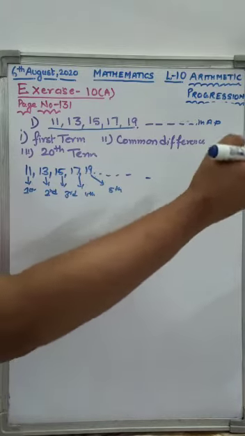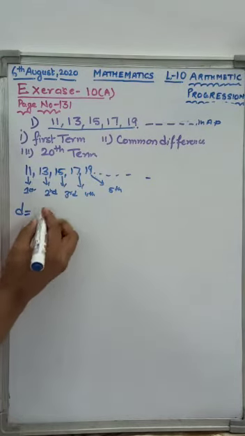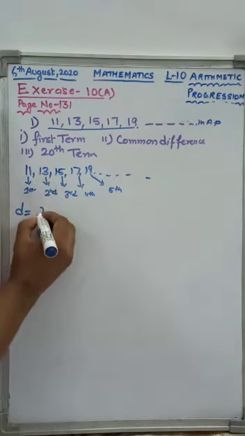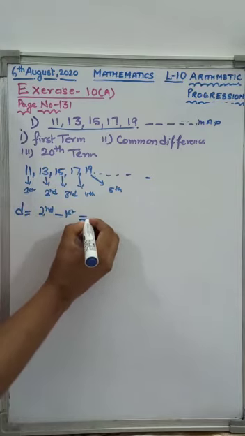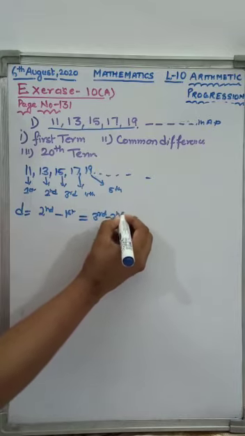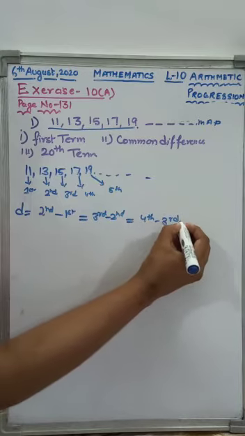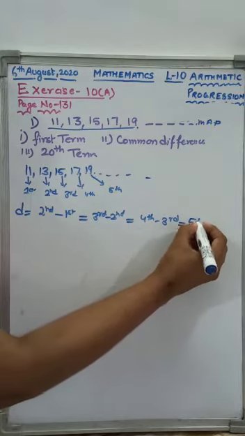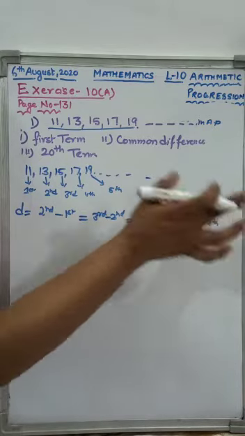So, we will find D, the common difference. How will you find it? Second term minus first term, or third term minus second term, or fourth term minus third term, or fifth term minus fourth term. When you put the values, it has to be constant.